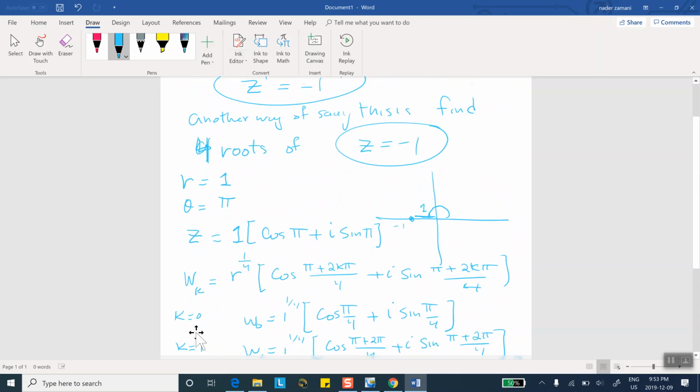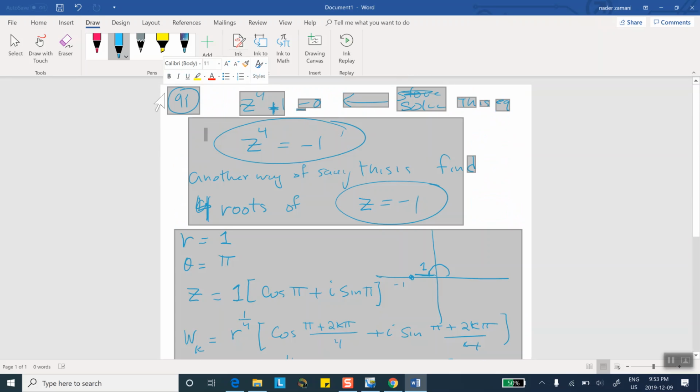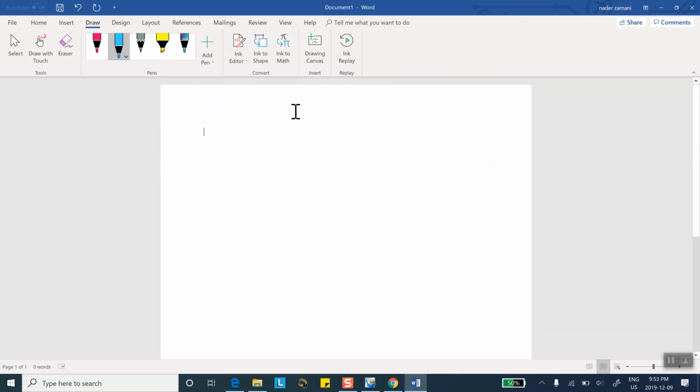And the last problem in this group is going to be number 93, which says solve z cubed minus 4 root 3 minus 4i equal to 0.